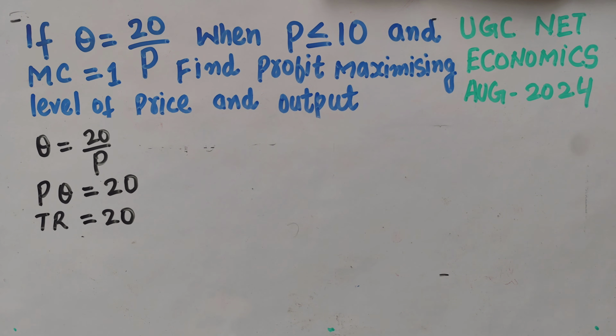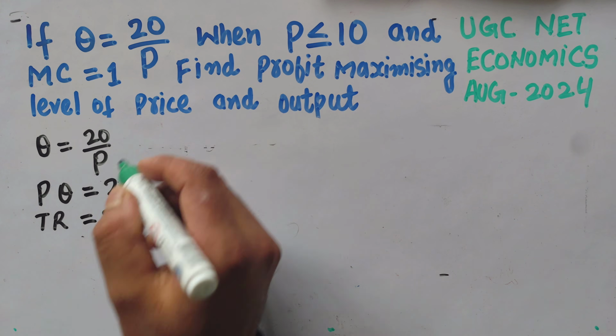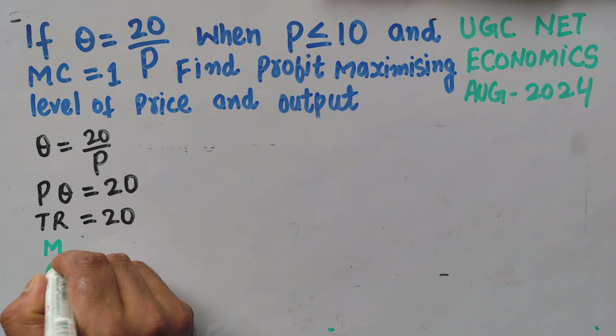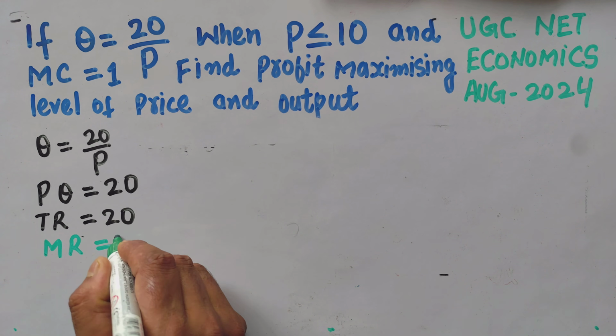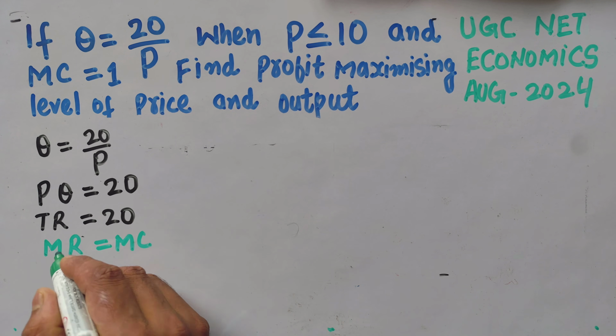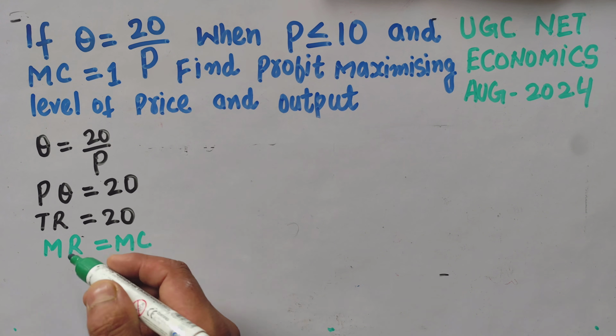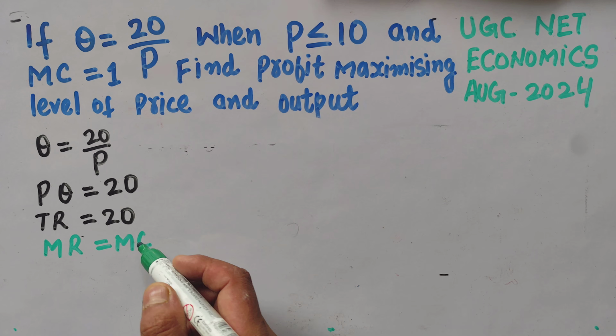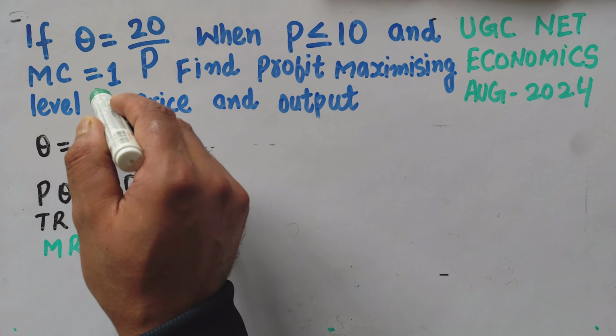And we also know that the profit maximizing condition requires that we equate the marginal revenue with the marginal cost. Marginal revenue, let us try to find out. Marginal cost is being given to us here, that is 1.